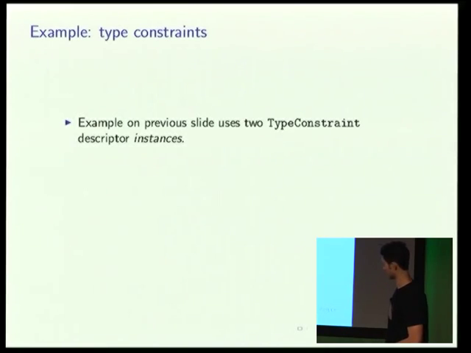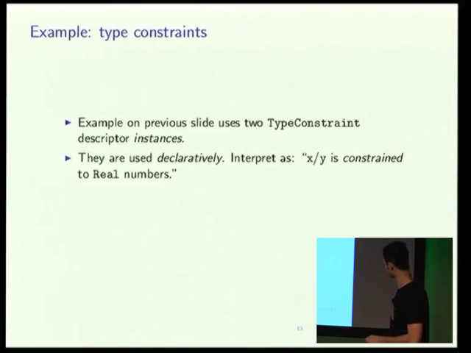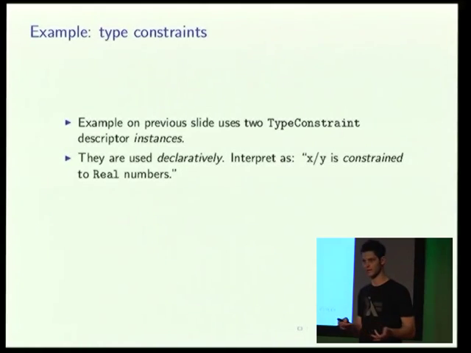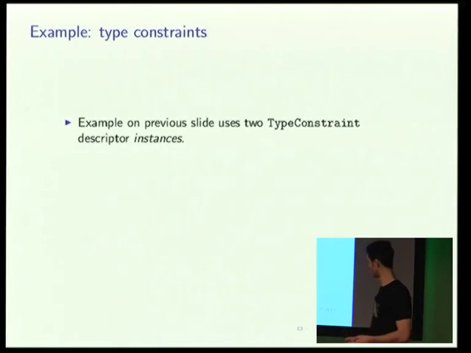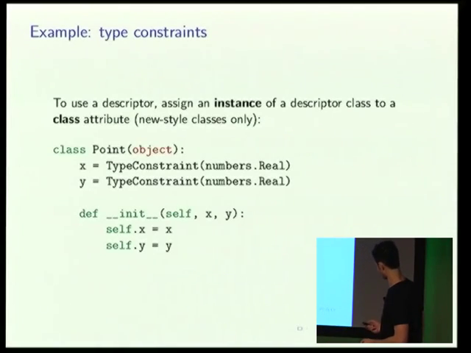Okay, so the example on the previous slide uses two type constraint descriptor instances, one for x, one for y. And they're used declaratively. So it's as though you were saying x and y are constrained to real numbers. I think you'll agree that that's fairly literate code. It's clear what that's supposed to be doing.